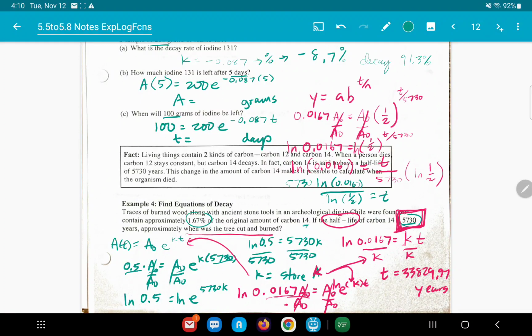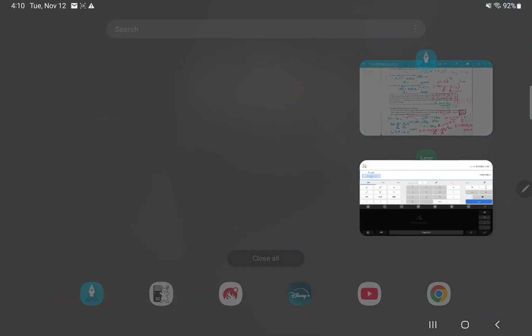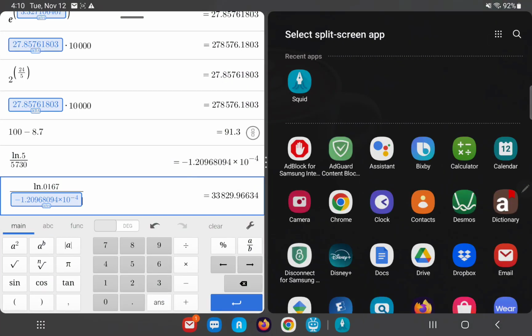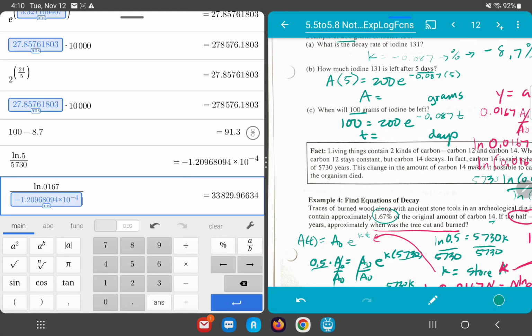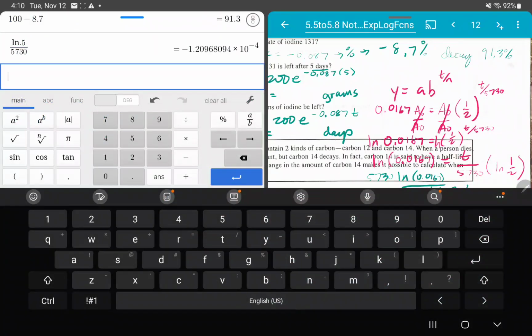So let's go ahead and type that in. And let me see if I can just go side by side here, so that way it's a lot easier to see. All right, there we go. All right, so I'm going to go ahead and just clear all this. There we go.